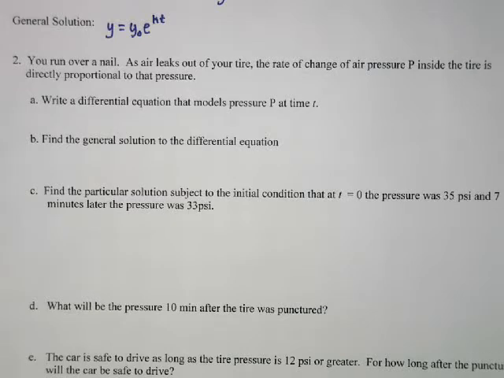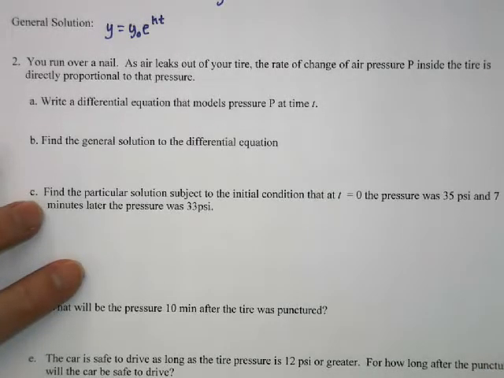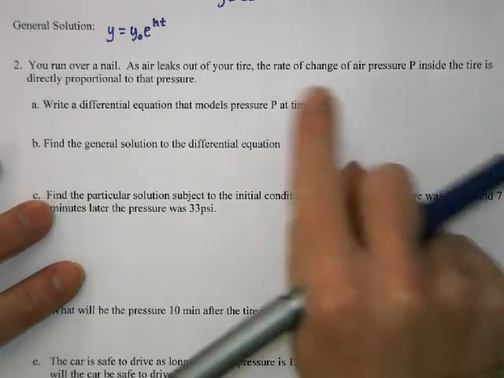All right, so now we're just going to look at some different scenarios. You run over a nail. As air leaks out of your tire, the rate of change of air pressure, P, inside the tire is directly proportional to that pressure. Write the differential equation that models P as a function of t. So this is very, very common for these types of questions.